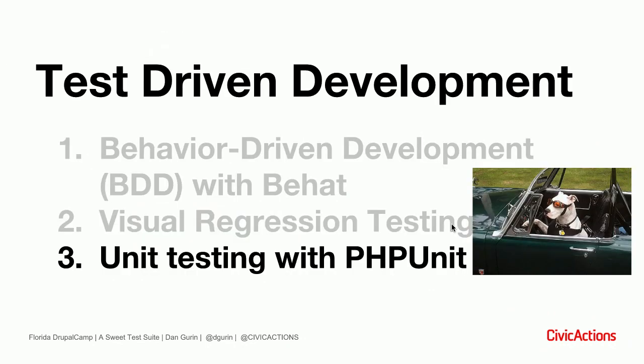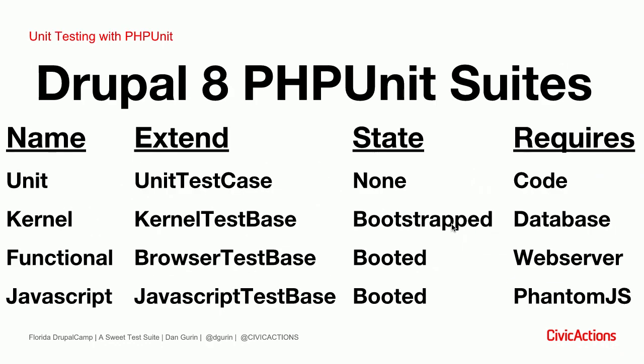All right, so that's visual regression testing. We're going to take a look at unit testing, and this is with PHPUnit. This can be a pretty good way to go if you're doing custom code.